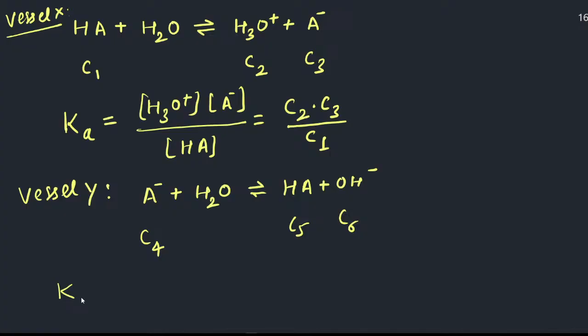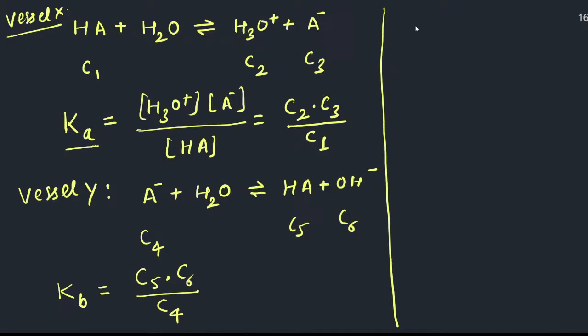So Ka is the dissociation constant of the acid, and Kb is the dissociation constant of its conjugate base. So Kb is equal to C5 into C6 divided by C4. What is Ka into Kb?